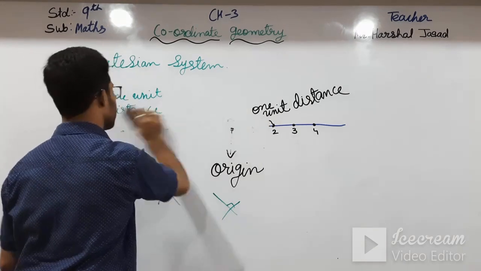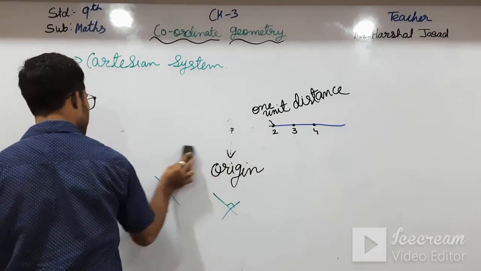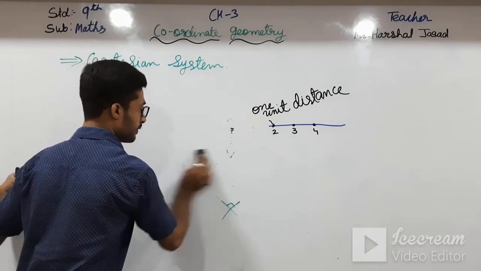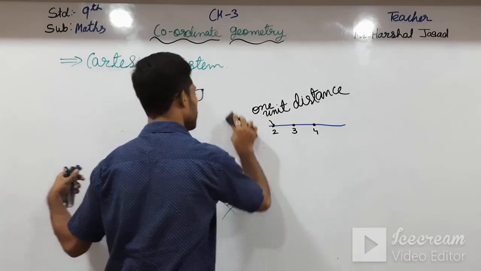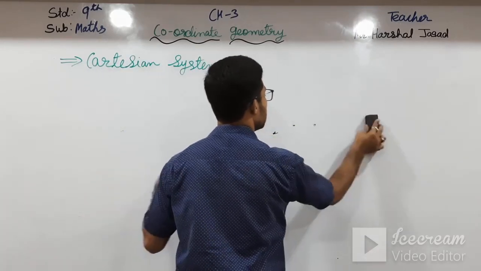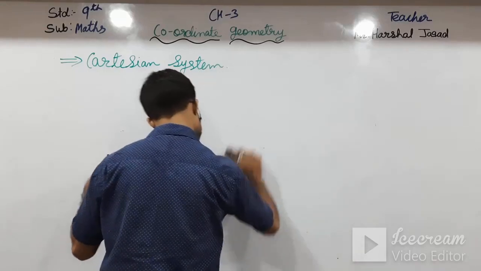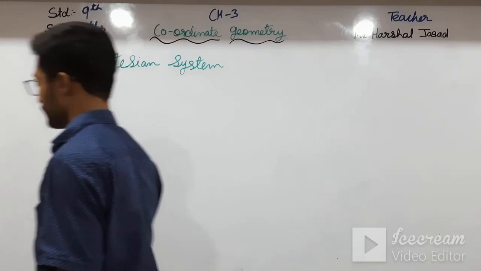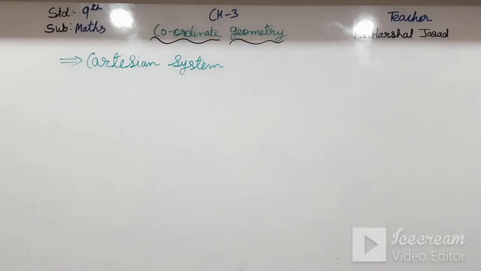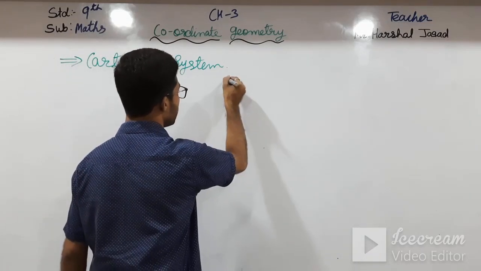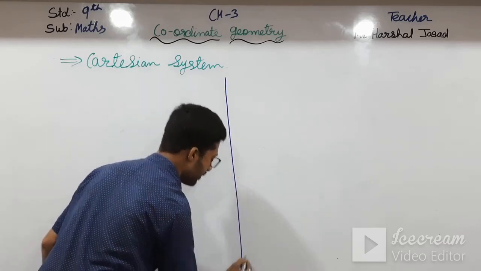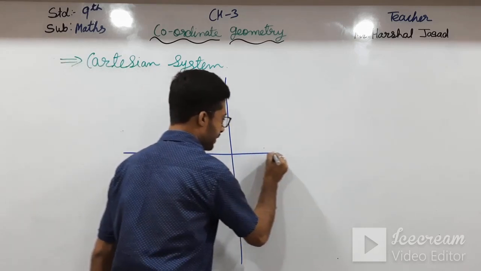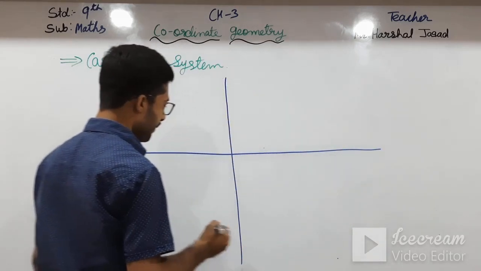Okay students, just drawing another figure of it like this. See here students, this is the line and another which is passing through it from between.